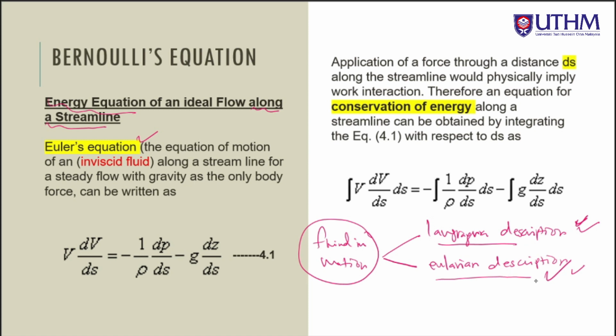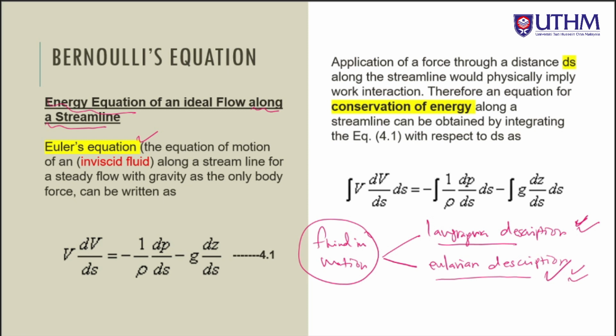However, if we use the Eulerian description, we consider that we stay in one place, and in that place we have set a boundary, with an inlet and an outlet, and we simply observe what happens in that particular volume that you have created.